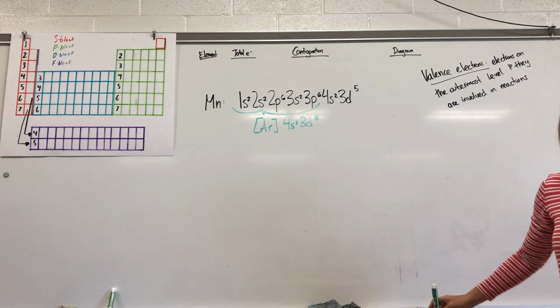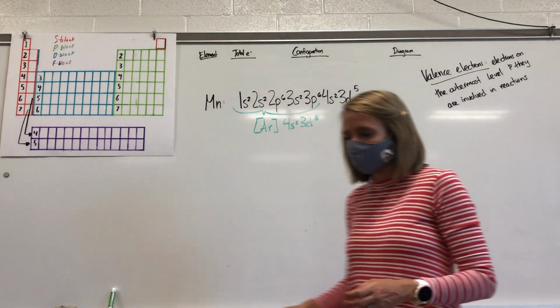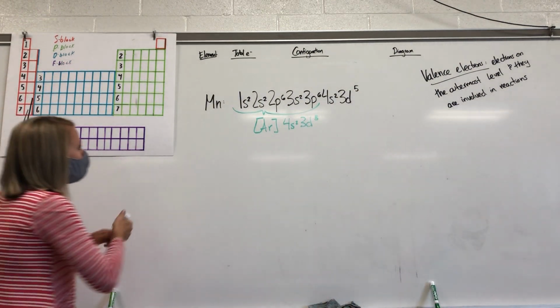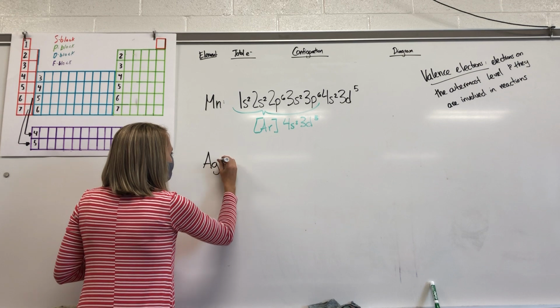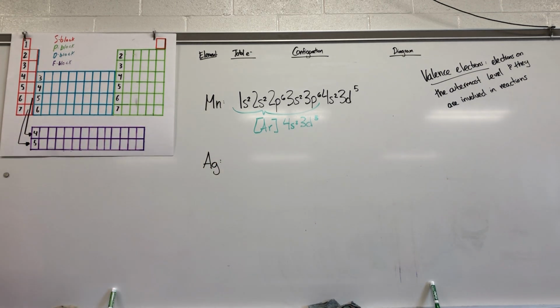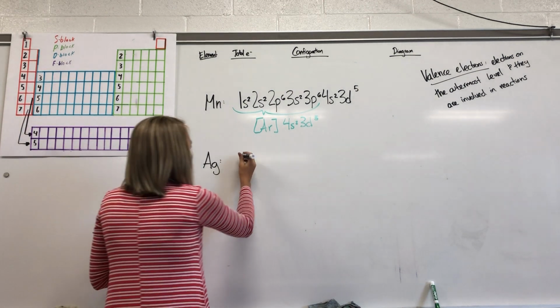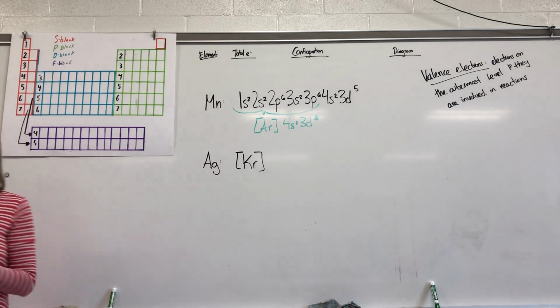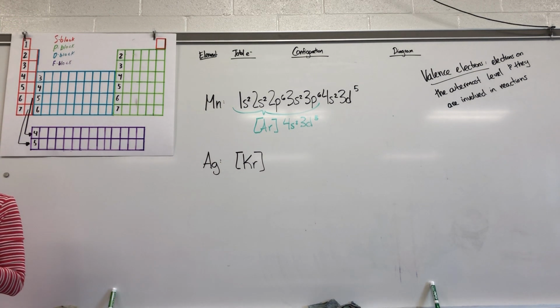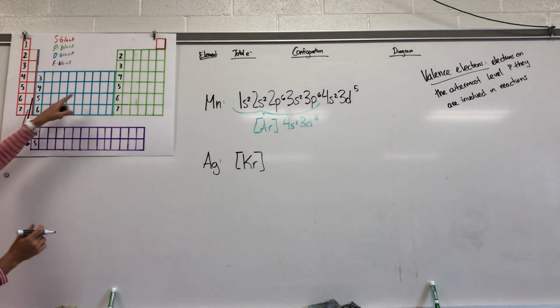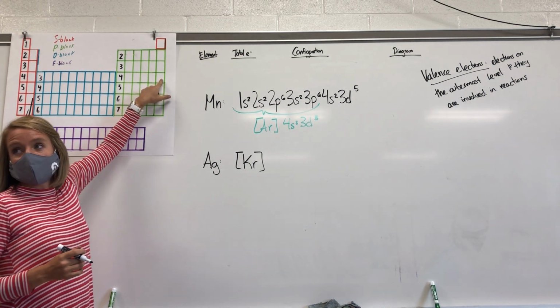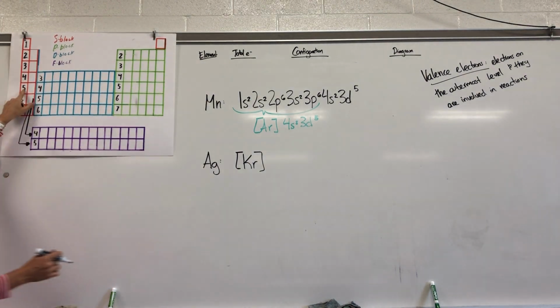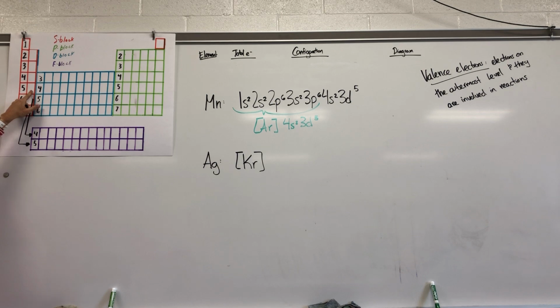Okay, let's do one more shortcut together. Let's do silver. Find what element would be my choice for shortcutting silver. Good, so krypton would be my choice, so I'm going to put Kr in brackets. Which means I get to start here, right? Am I in the right spot? Yes.